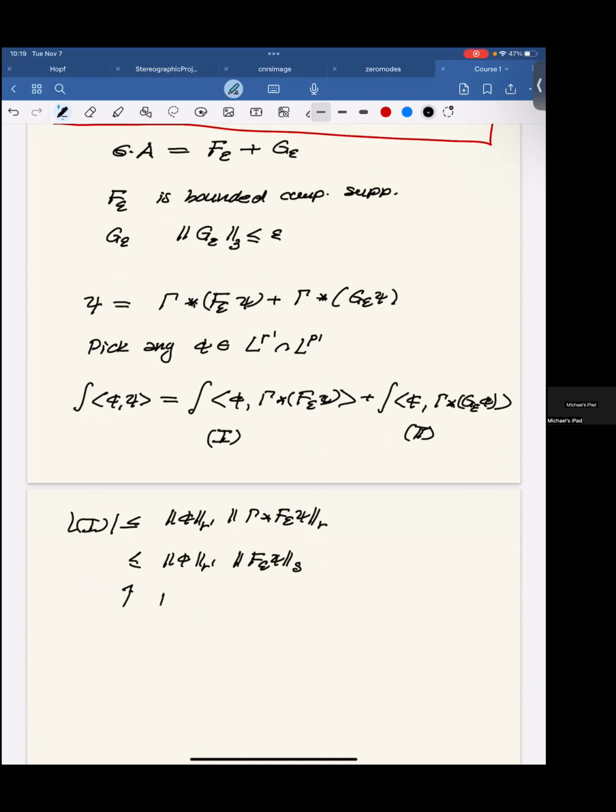Right? 1 over S is equals 1 over R plus 1 over 3. And that you can in turn estimate by phi R prime SP over S minus P by Hölder.